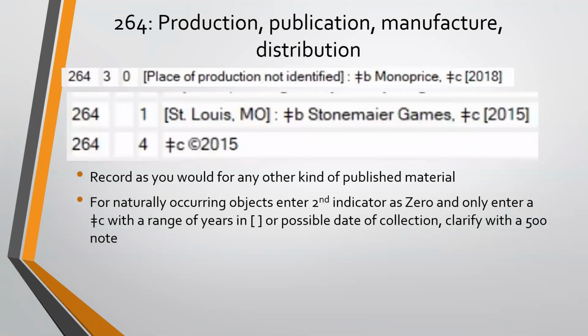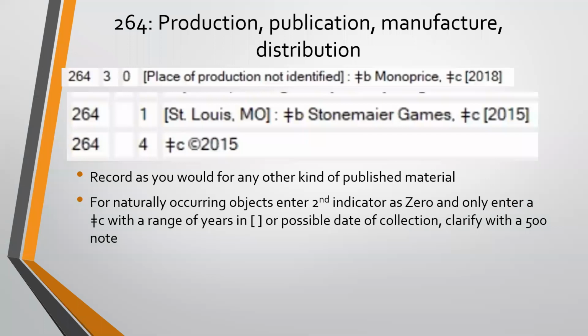Your 264, production, publication, manufacture, distribution, you just record this just like you would any other kind of published material, if you have a published material. For naturally occurring objects, or your wood from a building, you'll want to enter the second indicator as a 0, and you're only going to want to have a subfield C for production, likely with a range of years or your best guess for when it was created.